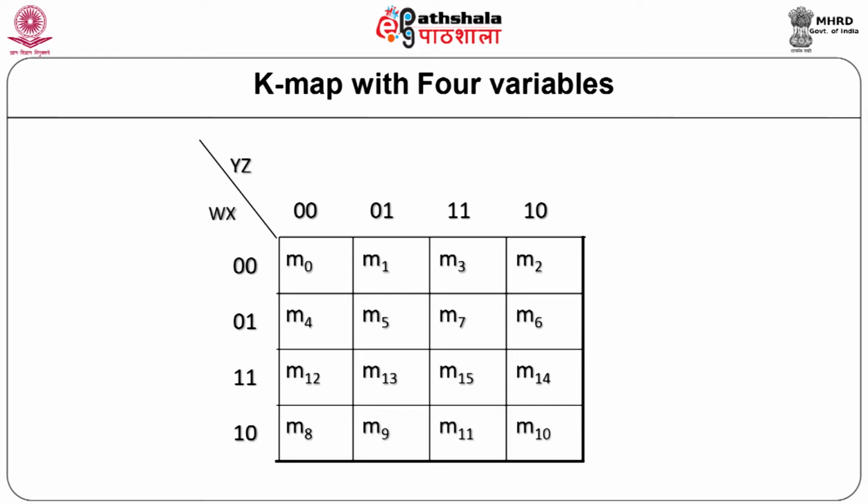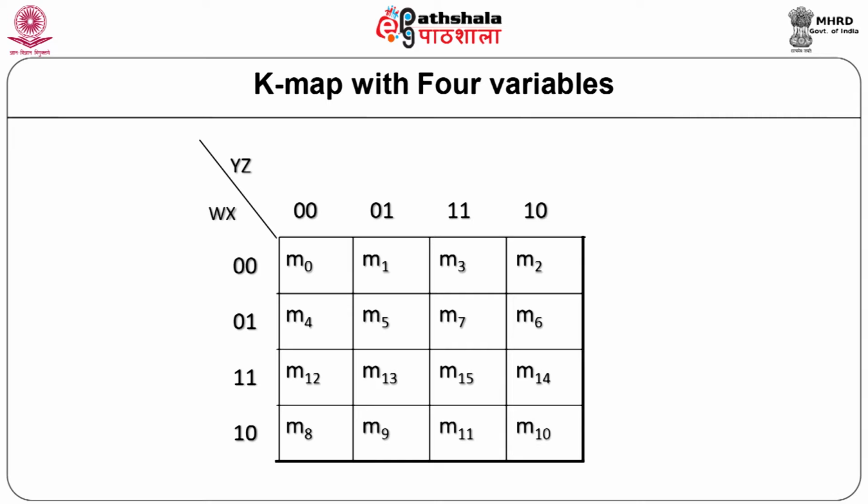Now, while simplifying it, 1 square represents a minterm of 4 literals or variables. A rectangle of 2 adjacent squares represents a product term of 3 literals. A rectangle of 4 squares represents a product term of 2 literals.